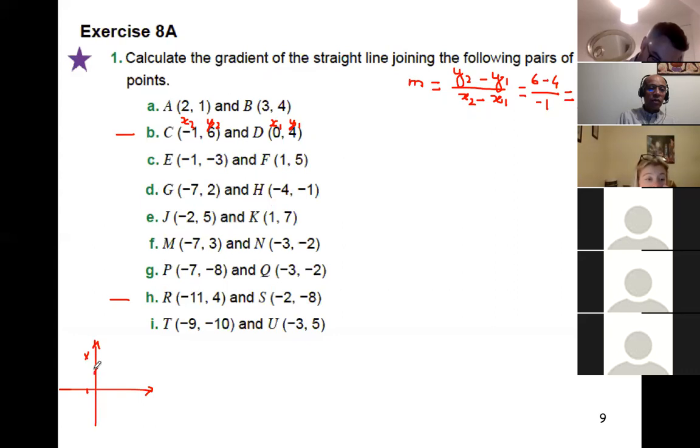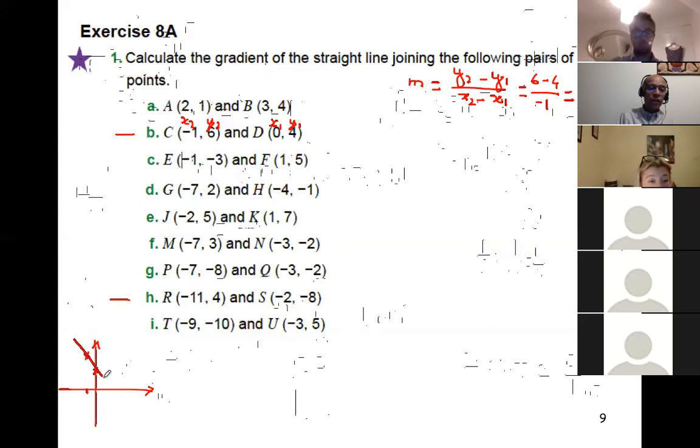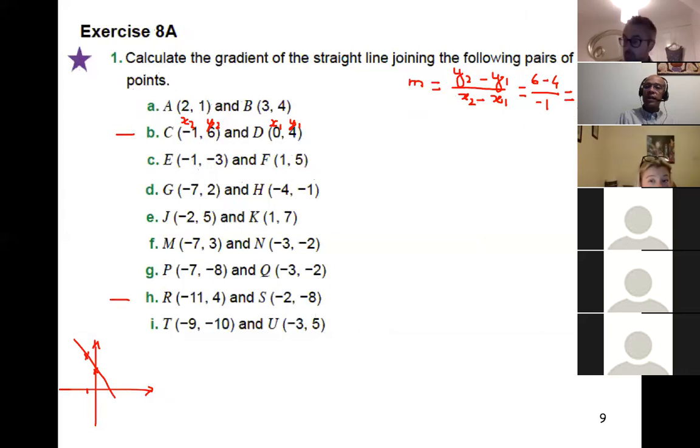So I've got my two points, and if you draw a line through those 2 points, you can see straight away it's got a negative gradient. So even by putting together a small X and Y coordinate, you can check that your answer makes sense. This is negative because my line is coming down.